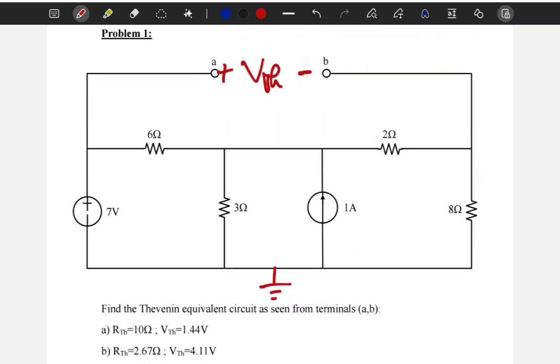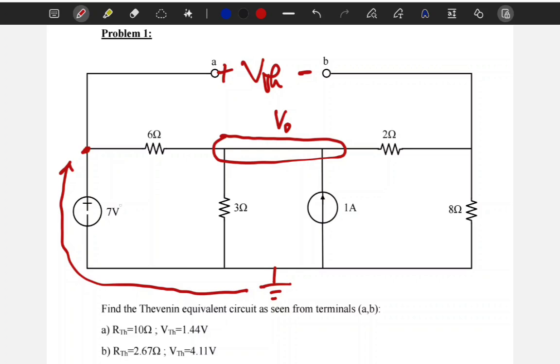Okay, so here let's call this node right here V0.